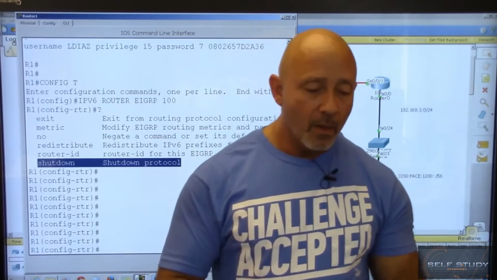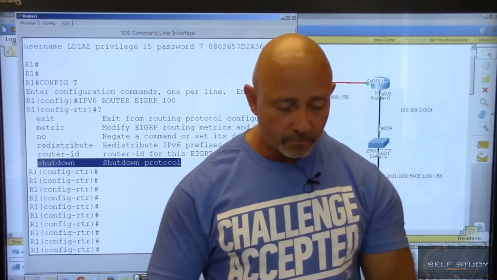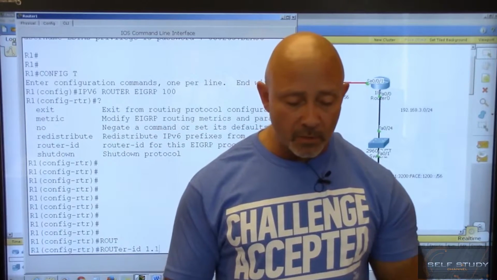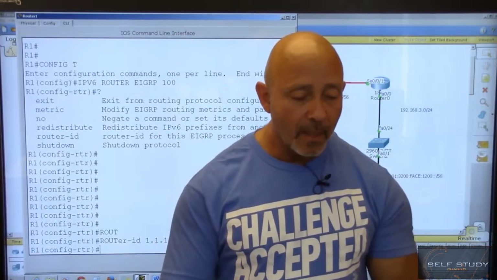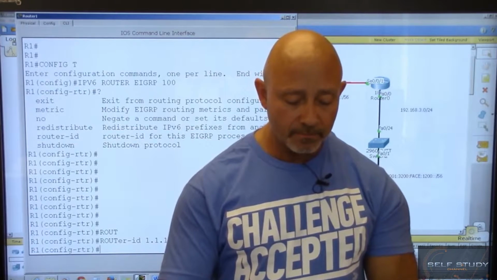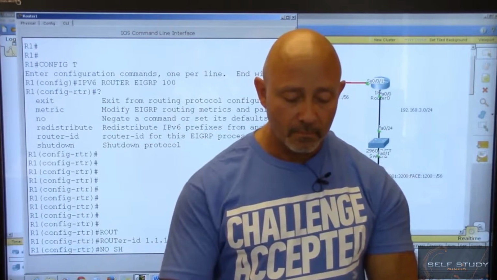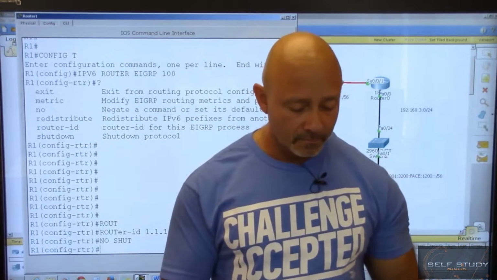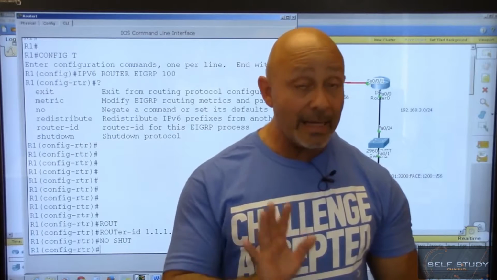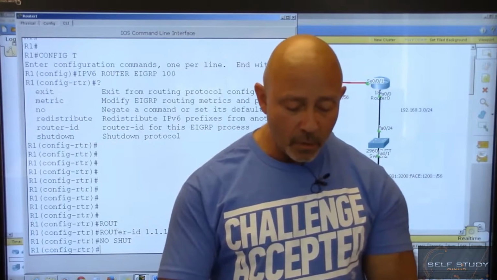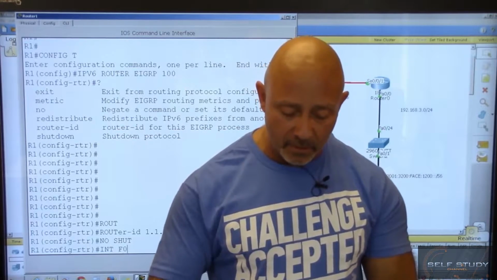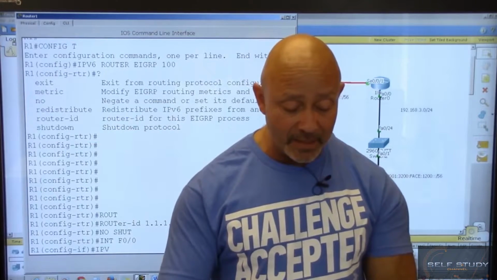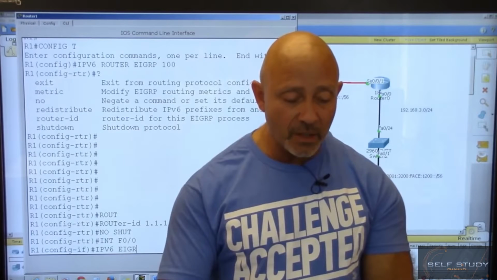So we'll go ahead and do router ID. This is router 1, so I'll use that router ID. And then I will do a no shut. Done. All right, at least there. But now I need to go into the interface F0/0 and then enable that IPv6 EIGRP.